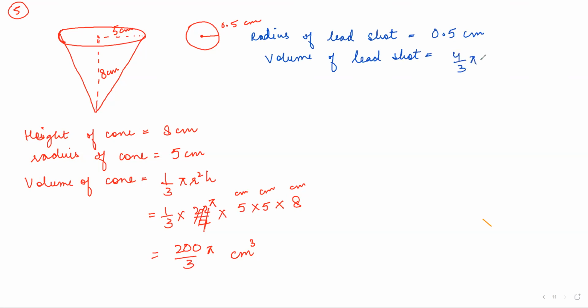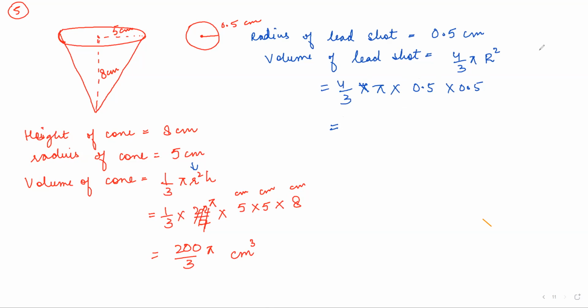Yes. So you can denote some different r, because this r is different from this, right? Make it capital R, no problem. So 4/3, leave it into pi r square. That means 0.5 into 0.5. Okay. So you multiply this. How much is 0.5 into 0.5?